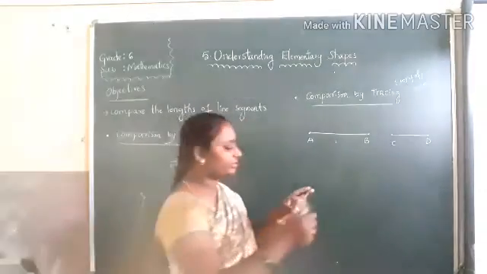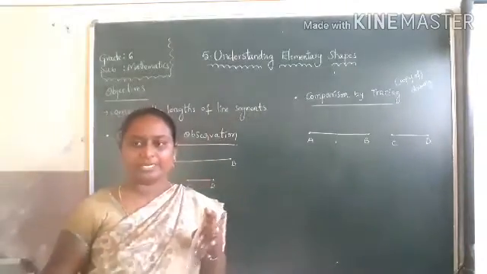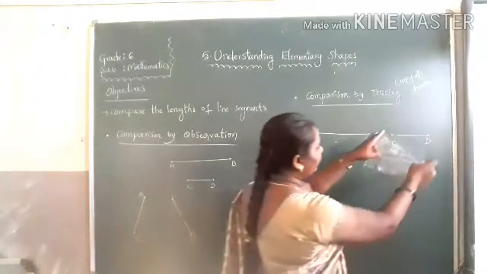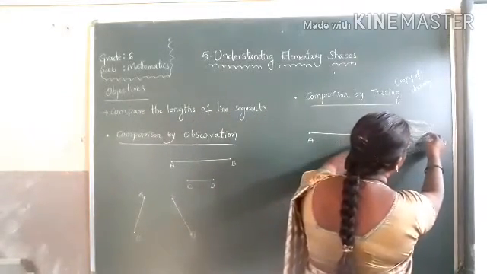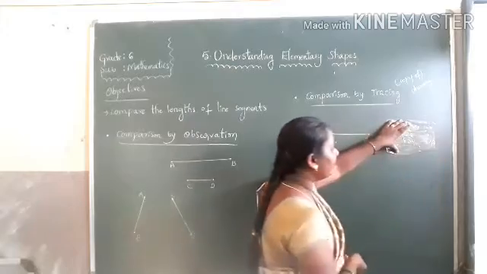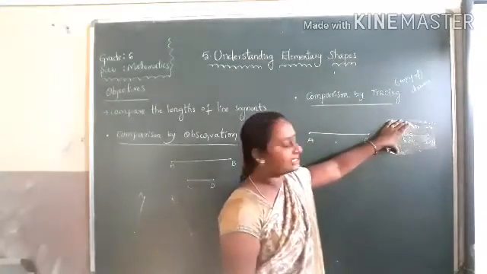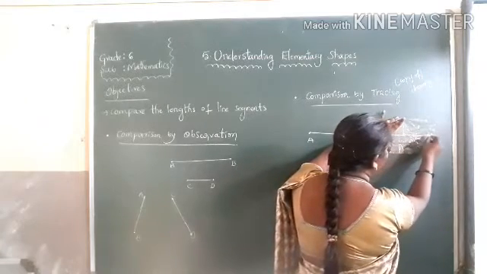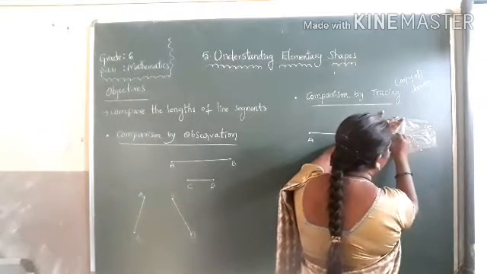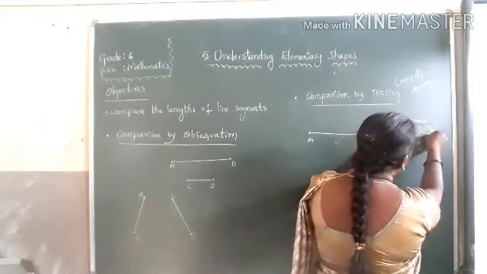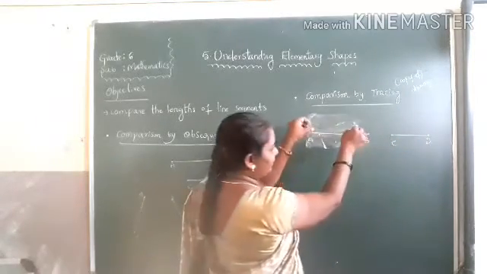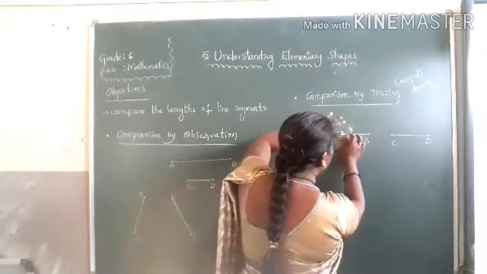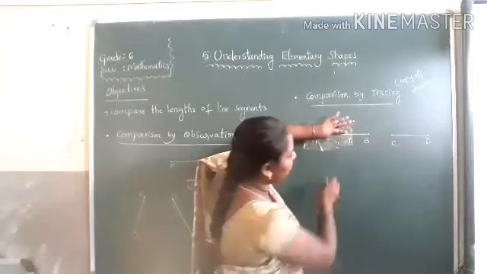Now I will show how to copy a line segment. Here I am placing the transparent paper upon line segment CD. You have to draw the line segment on the transparent paper. Then you keep the same paper upon line segment AB.